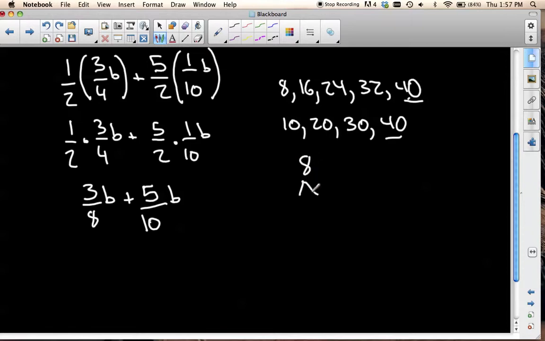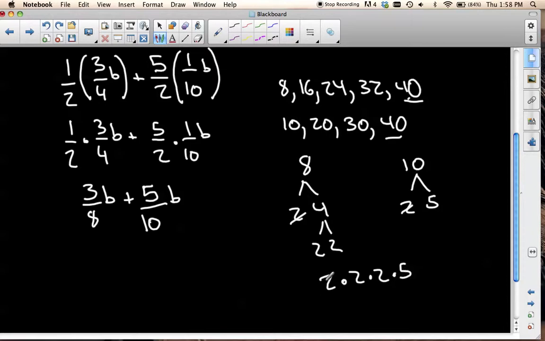So I could make 8, 2 and 4, and 10, and do a factor tree for that. Find out what they have in common. I'm left with 2 times 2 times 2 times 5. 2 times 2 is 4, 4 times 2 is 8, 8 times 5 is 40. I know my lowest common denominator is 40.